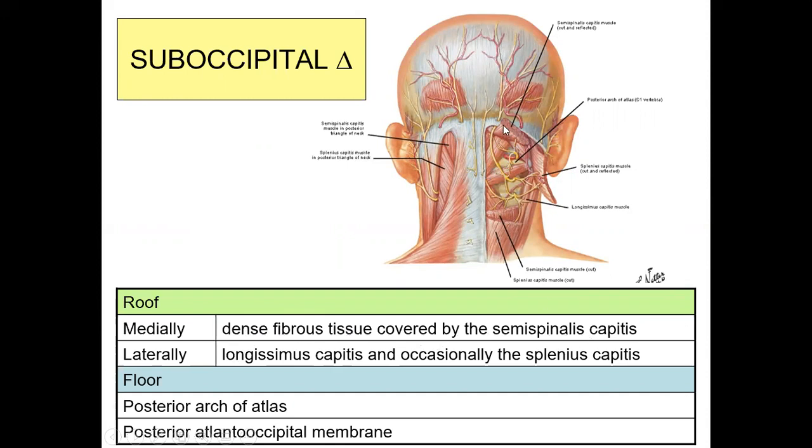If you see here, this is the semispinalis capitis muscle that has been cut and reflected upward on the medial side. Laterally, we have the longissimus capitis muscle. If you see here, we have the longissimus capitis muscle. And sometimes we also have the splenius capitis muscle.